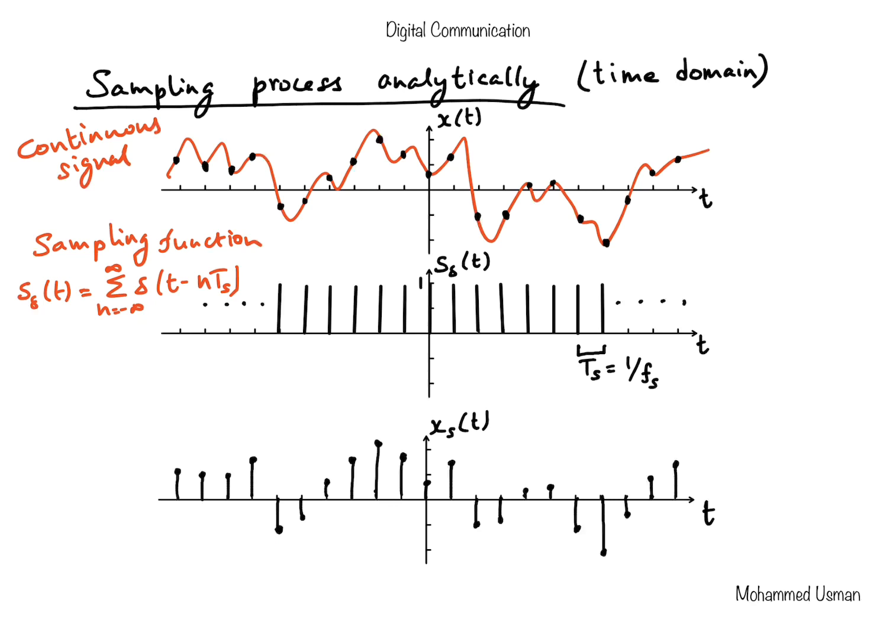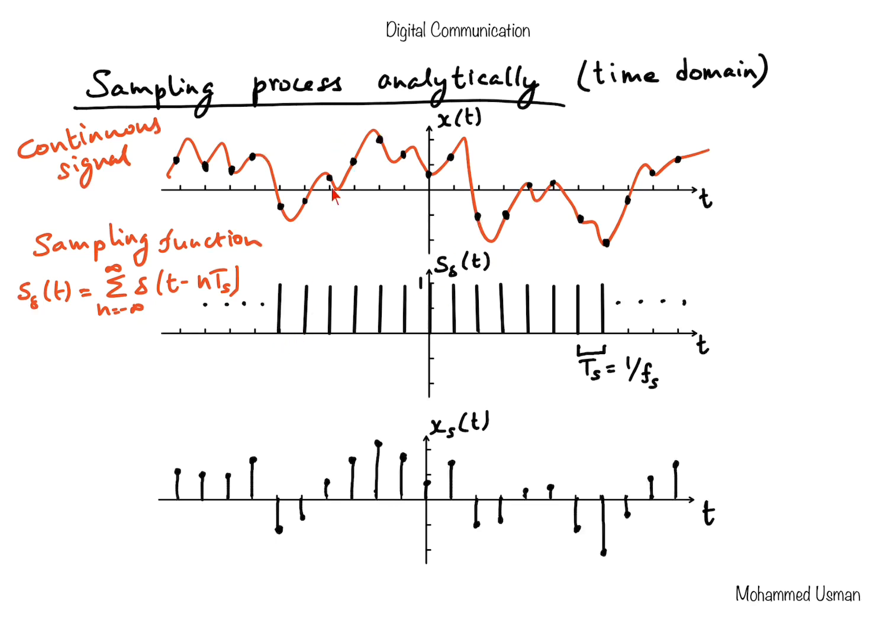Because the amplitude of the impulses in the sampling function is equal to 1 at the sampling instants, that is at 0, at Ts, at 2Ts, at 3Ts, and so on, and similarly at minus Ts, minus 2Ts, minus 3Ts, and so on, exactly at these sampling instants the value of the sampling function is 1. At all other time instants, the value of the sampling function is 0.